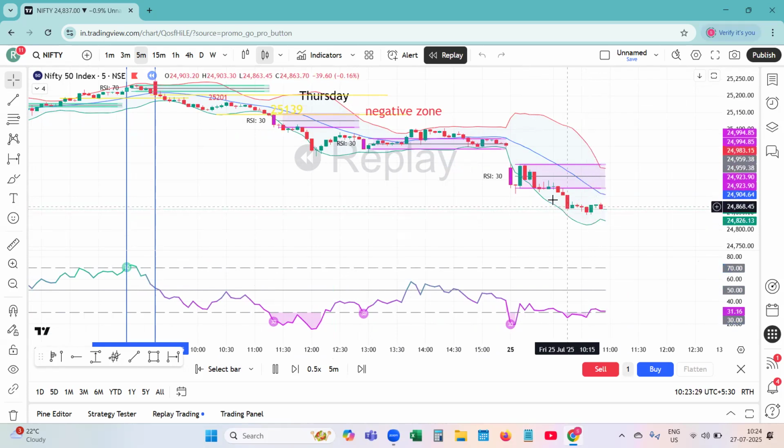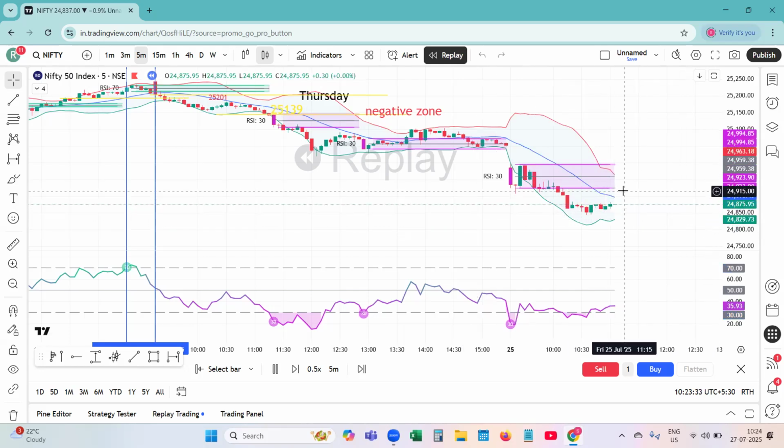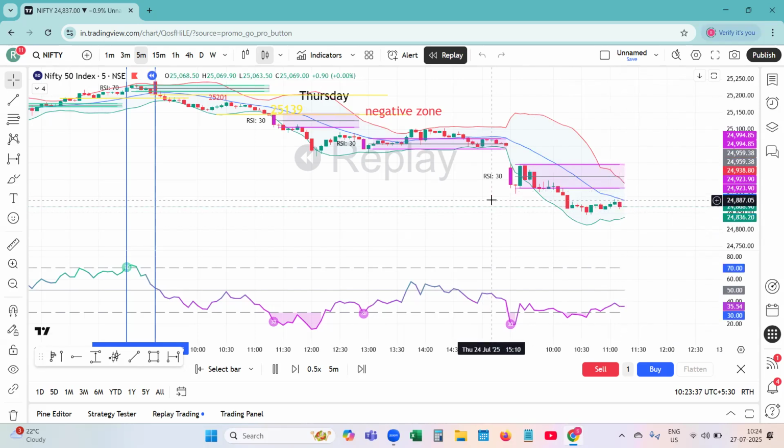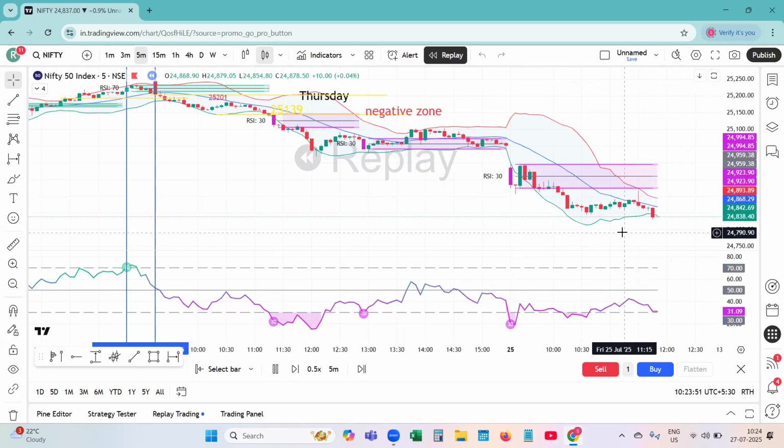You can see at one point, usually it goes sideways. When it goes sideways, there comes the problem for every trader. You can see the price climbing above the Bollinger Band. It is fast actually, otherwise it would have been a green candle here.